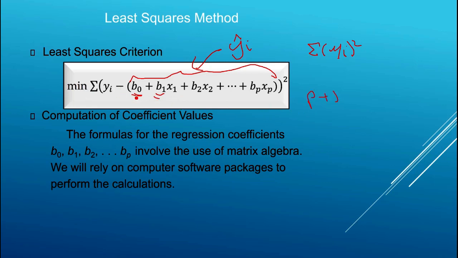The derivative with respect to b0, b1, b2, b3, etc., up to bp. All of those partial derivatives, if you know anything about optimization, will be set equal to 0 and solved simultaneously for all of these different betas.